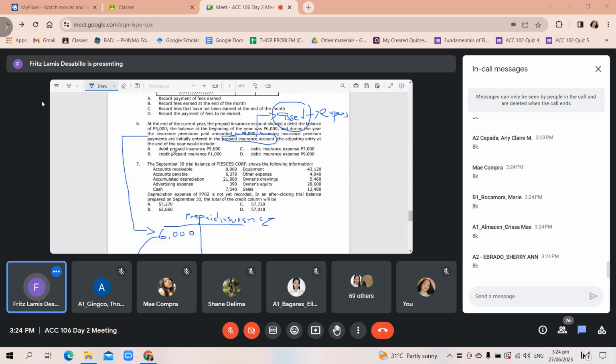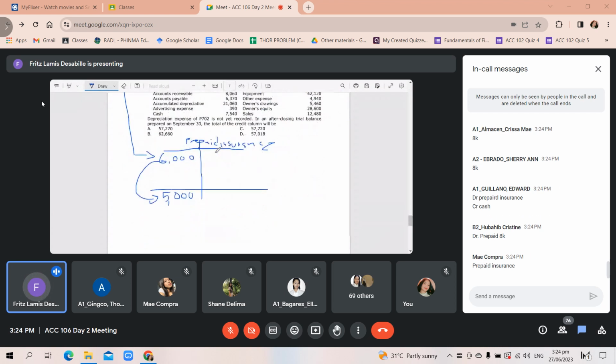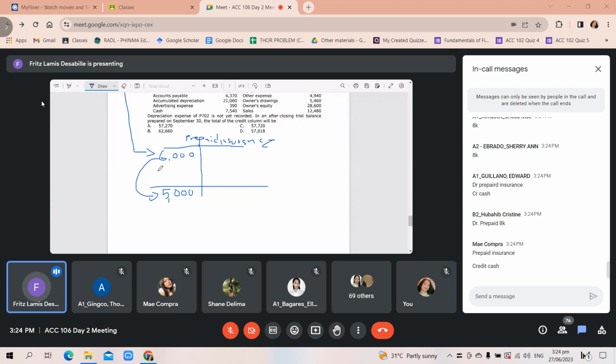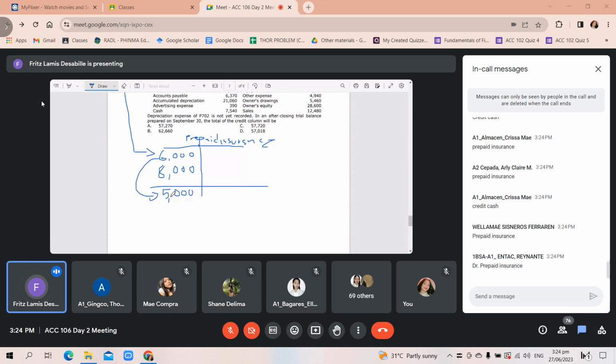Niana sila, upon payment, insurance premiums are initially entered in the prepaid insurance account. So entry nato sa 8K, unsa tong i-debit sa 8K? Debit what? Debit prepaid insurance, credit cash. Now to add to this one, mag-add tag 8K. So nagsugod tag 6K, nag-add tag 8K, pero nag-end up tag 5K at the end of the year.